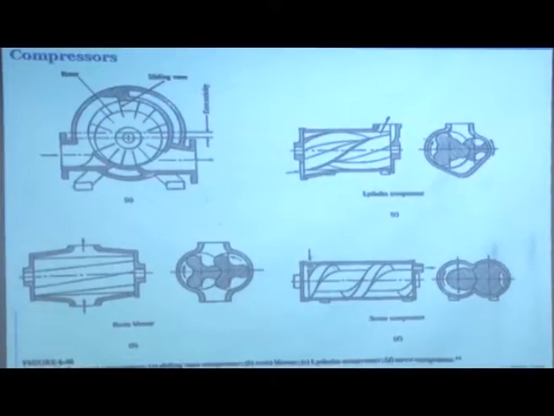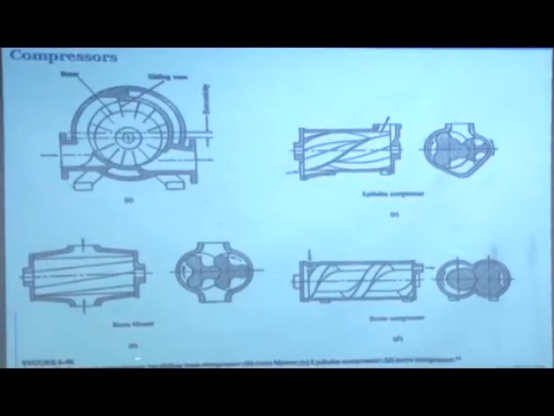Air comes in, is compressed, and leaves at high pressure from here. Then this is the Roots blower, where two lobes move in opposite directions and compress the air. Then the Lysholm compressor, an earlier cousin of the screw type, and this is the screw type compressor.